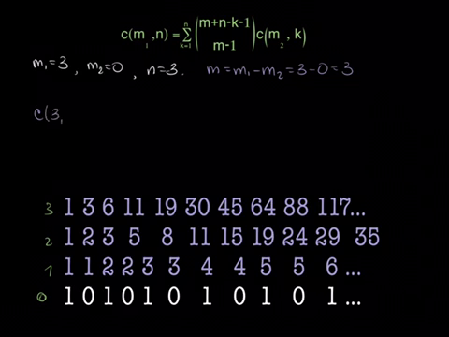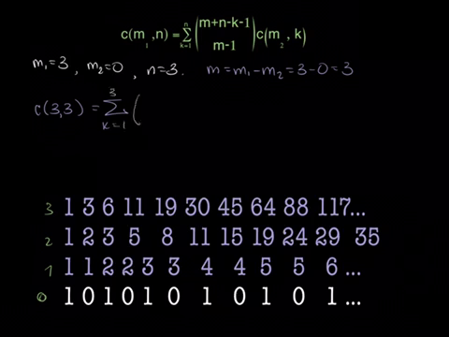So C3 and n is 4. I'm sorry, n is 3. Let me erase that. So C3,3 is going to equal the sum, k goes from 1 to 3, of what?